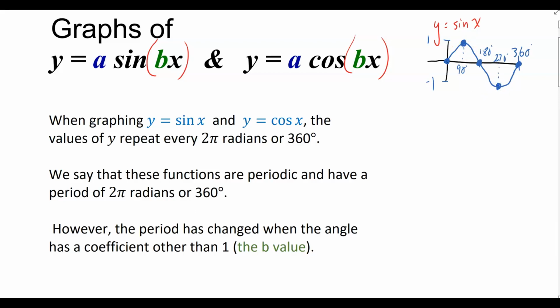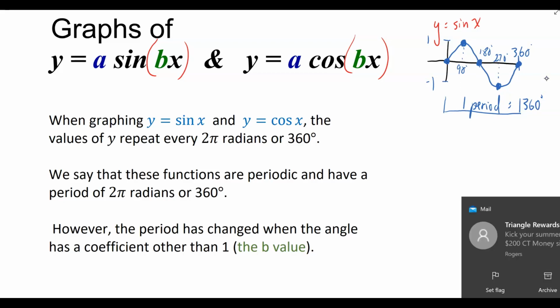I'm going to focus on those key points when I am graphing the new functions with changes in period. This period, the length of time for one wavelength, is 360 degrees. That is one period right here, which equals 360 degrees.